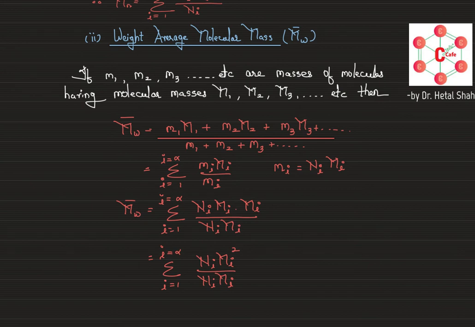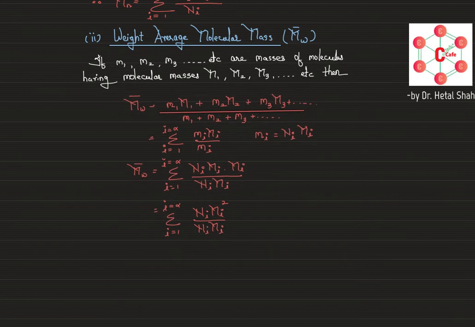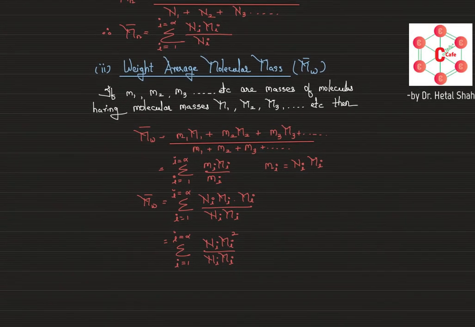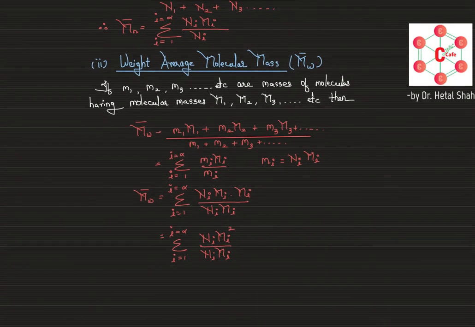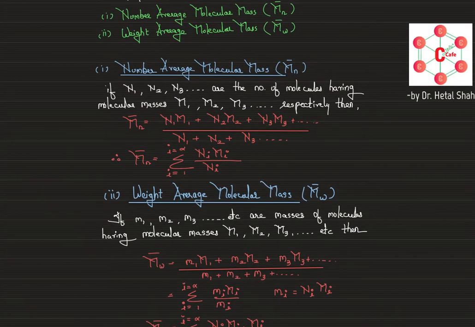Let me put all this together and you will get this properly done. So we have it here. That's the weight average, right? So you need to remember the weight average and the number average. These are the two.